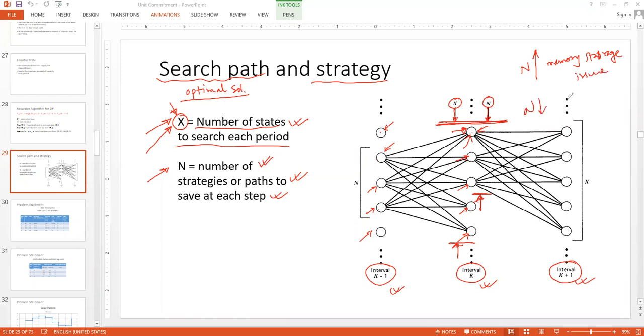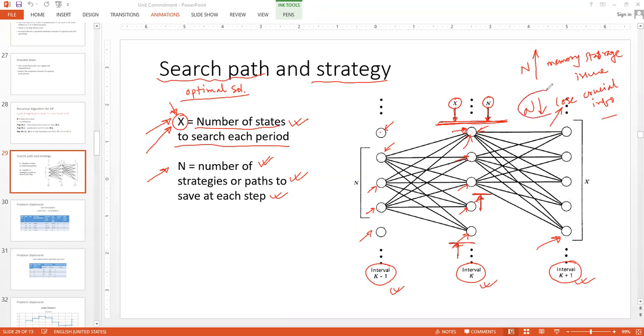If N is too small, you might lose some crucial info about the progress, and at some interval you might find that you cannot progress further, because we saved a very low amount of information at each interval.